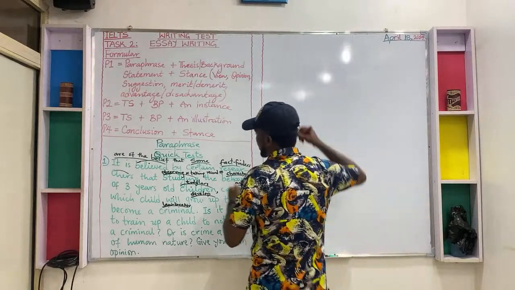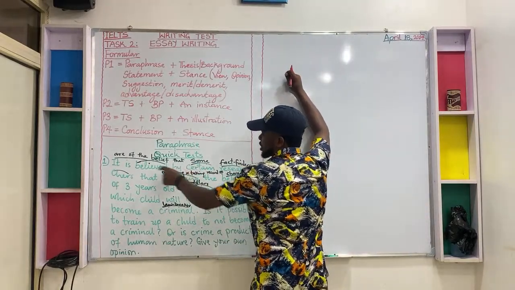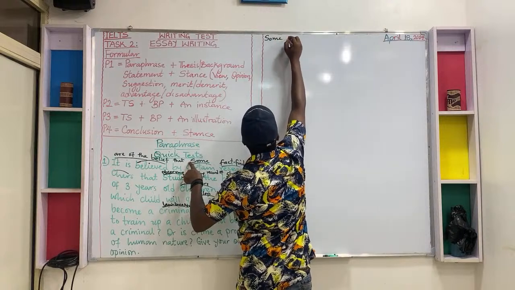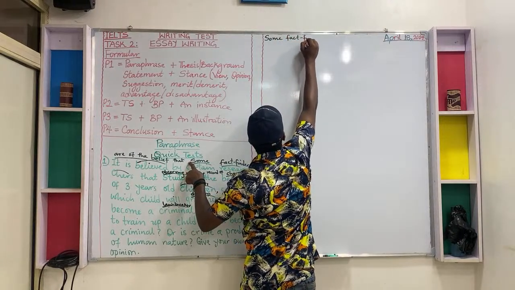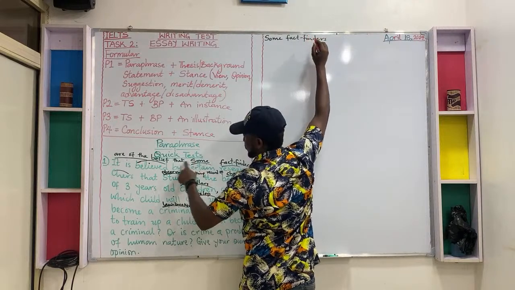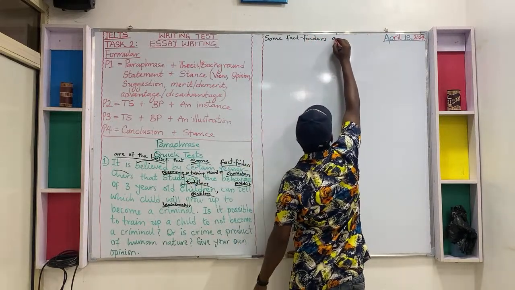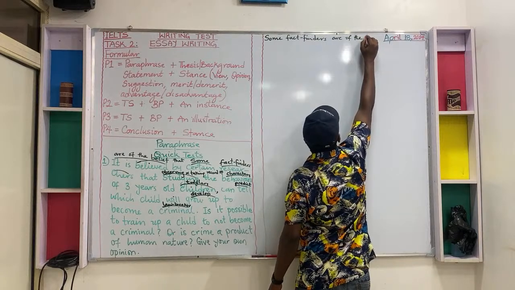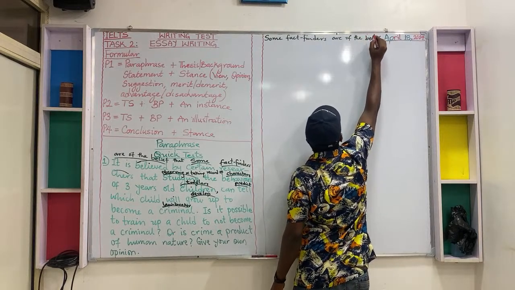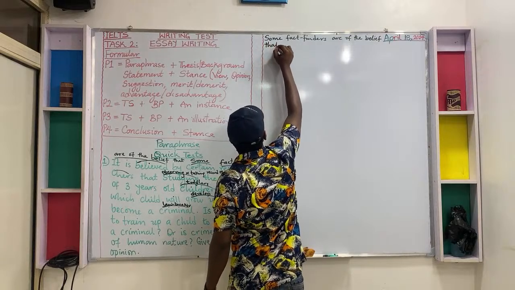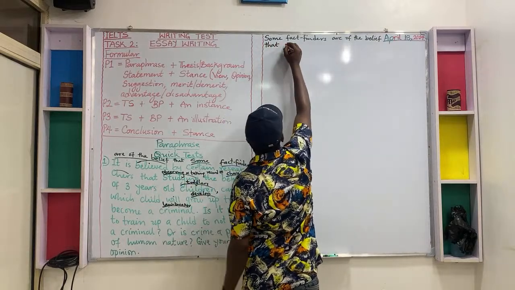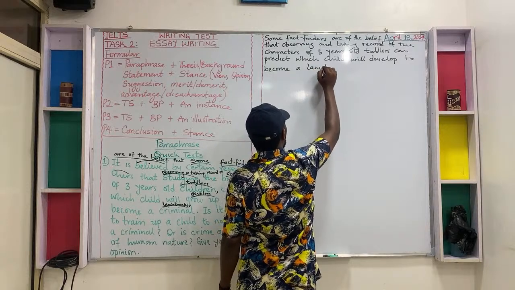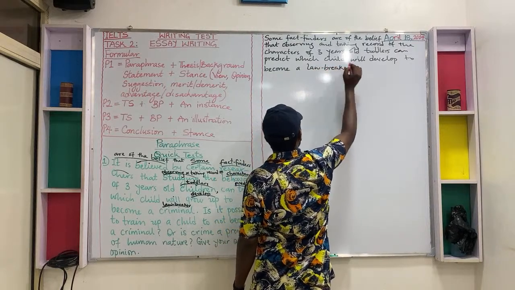So let's understand this. I'm going to begin from here instead of from here. So I would simply say some fact finders, then I'll continue here, that a law breaker.